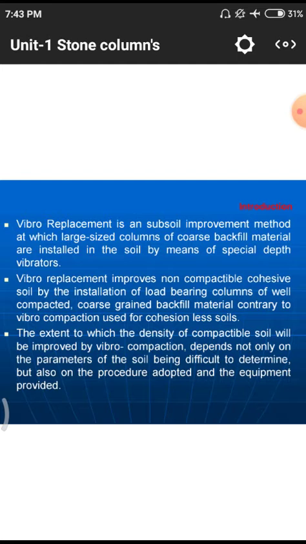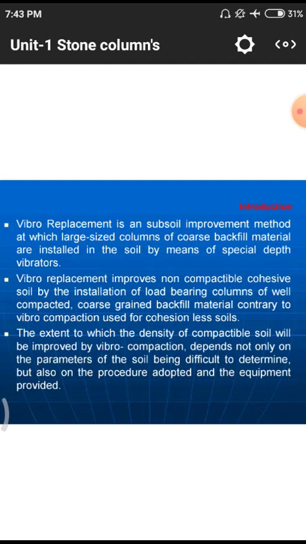The top layer, up to 1 or 2 feet, we use sand with stones in a particular content, so that the water in the soil is drained easily due to these coarser particles and stone particles.